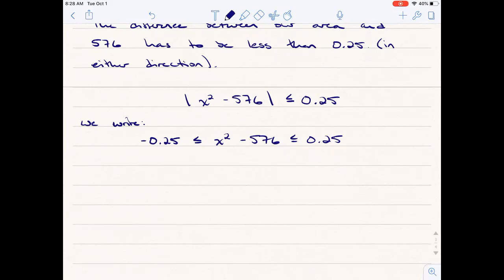Well, it could either be 576 minus x squared, because we're talking about the difference between our target of 576 and our area, so it has to be x squared minus 576. So our area minus 576, how far is it? Or 576 minus x squared, 576 minus our area. What's the difference?